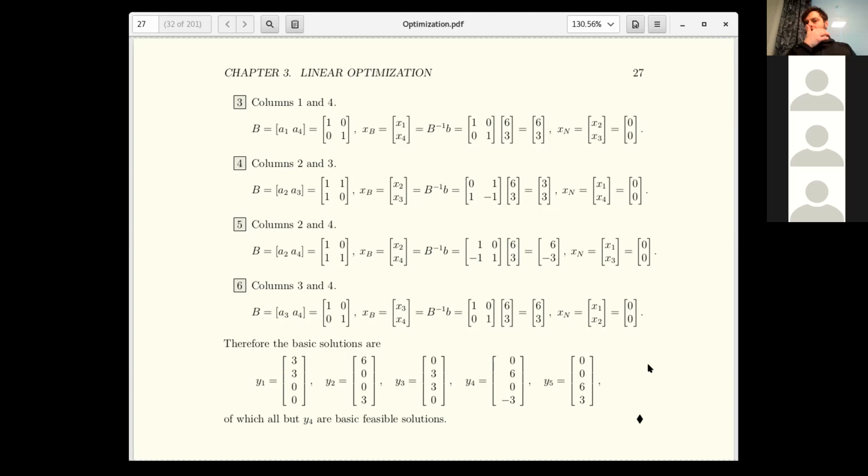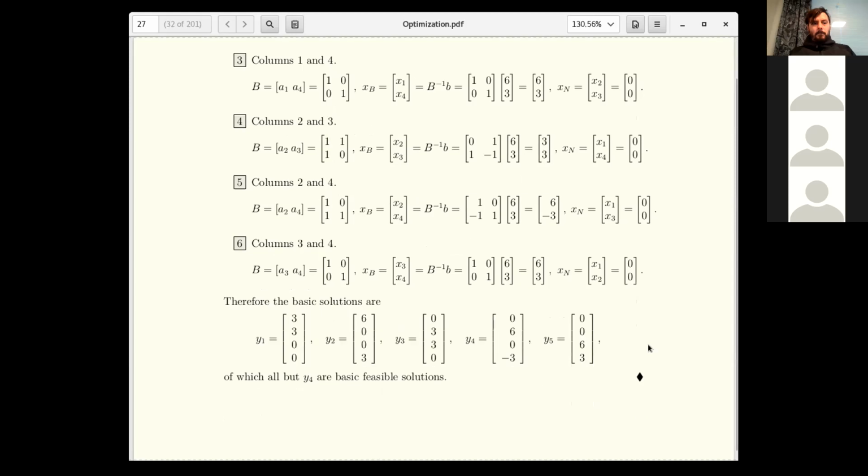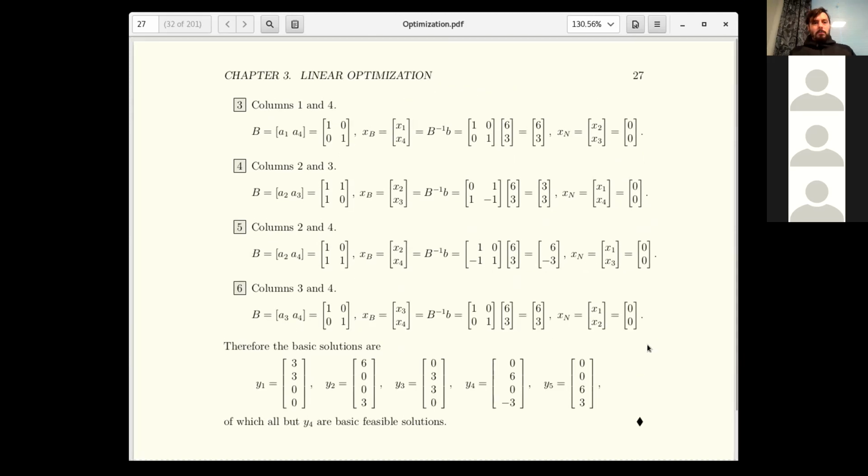It's going to be a very, very big number if we have very many variables and very many constraints. So we don't want that, right? I'd like to say that you can solve this problem by just trying all the basic solutions and figuring out which one is best, but that's not going to be feasible, computationally speaking.